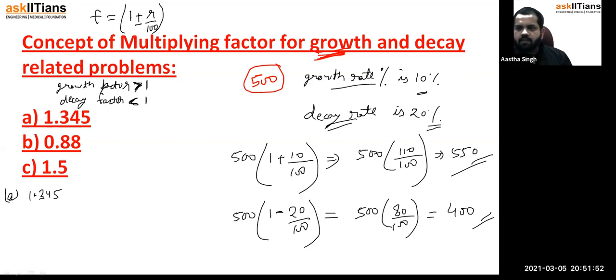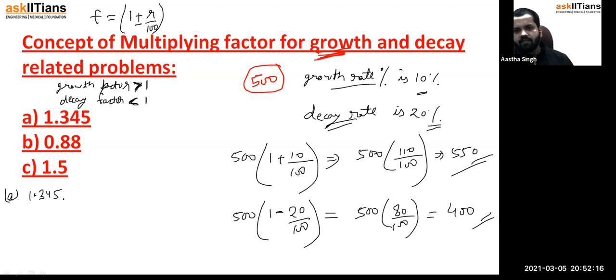If you do plus, it means growth factor. If you do minus, it means decay factor. And if it is greater than 1, it means your growth factor is given. If it is less than 1, it means your decay factor is given. You were required to find out whether this has growth or decay. So 1.345 is greater than 1.